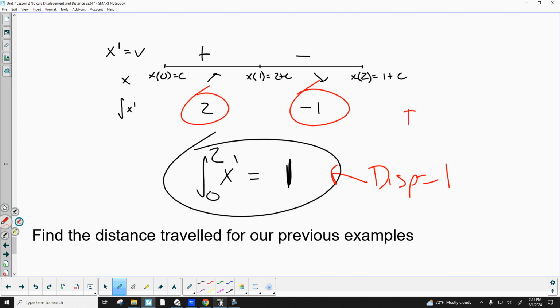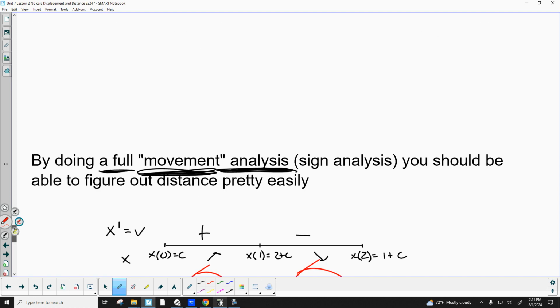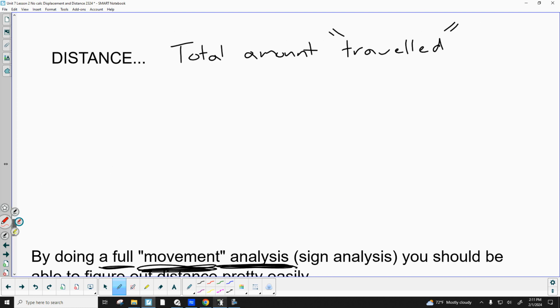However, my distance is 3. Because through my motion analysis, I realized, oh, I moved this much, and then I moved that much to end up 1 away from where I started. If you don't have a calculator, you have to do a full motion analysis.